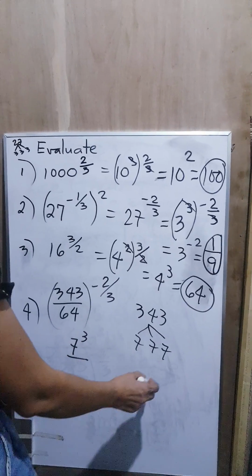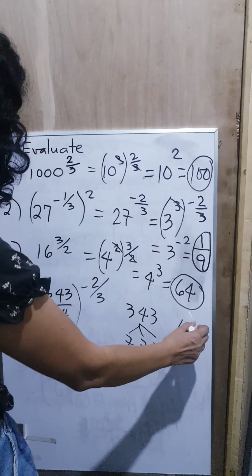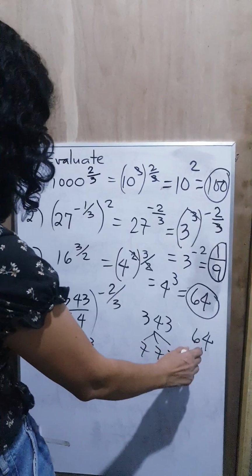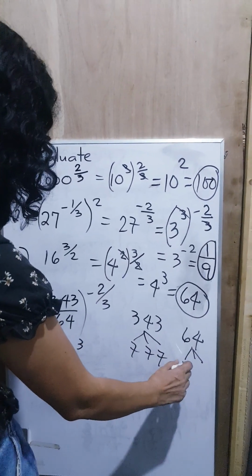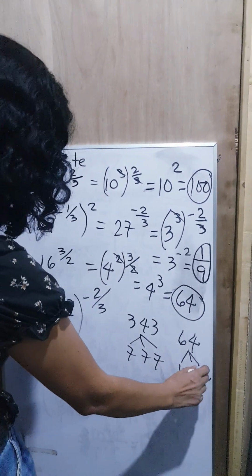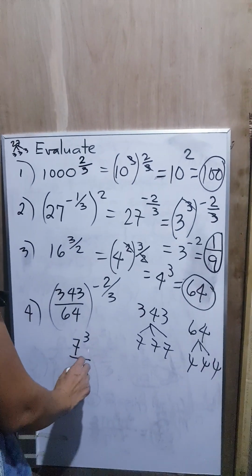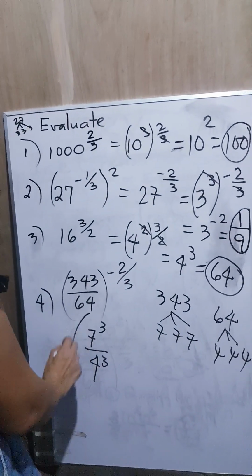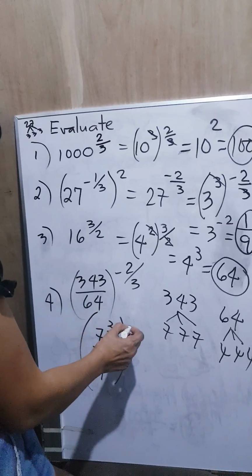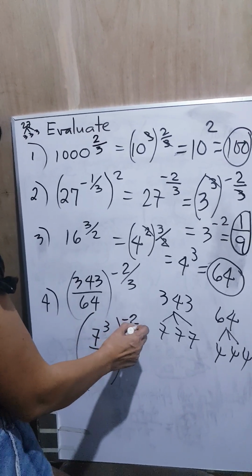And 64 can be broken down into 4 times 4 times 4, that is 4 raised to the power of 3, with the exponent negative 2/3.